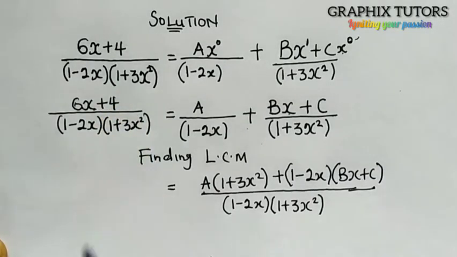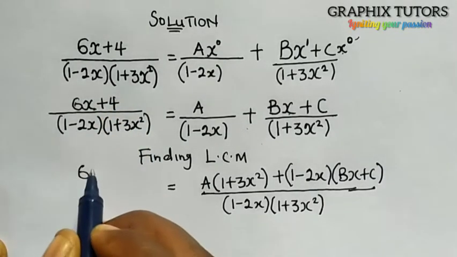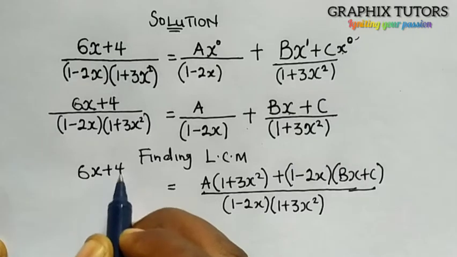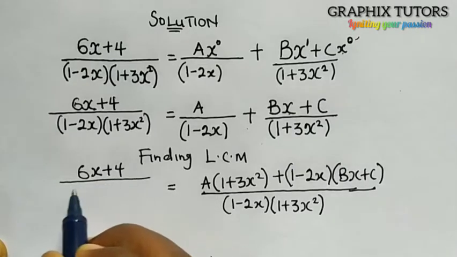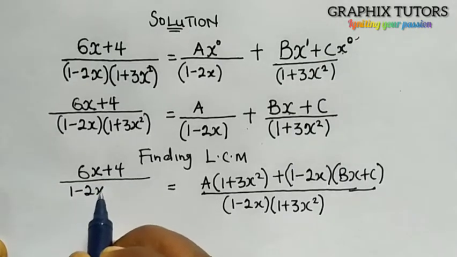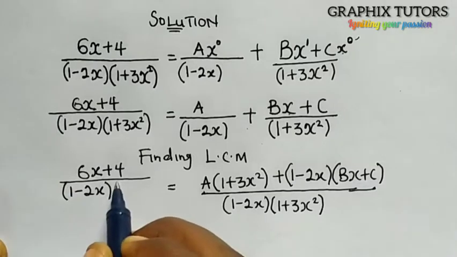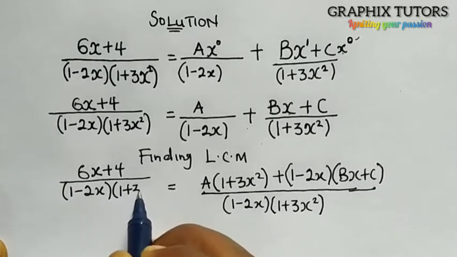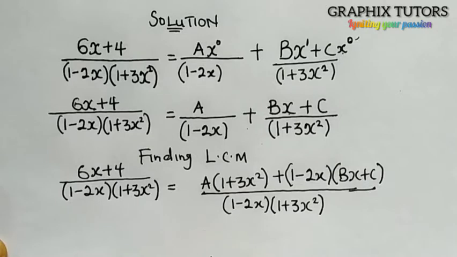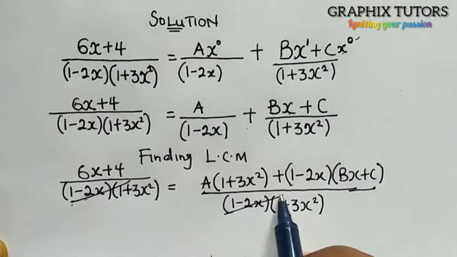And you write this back. So we're having (6x + 4) all over (1 - 2x)(1 + 3x²). Is that okay? Now, if you look at it very well, they have the same denominator here, so this will equate this.